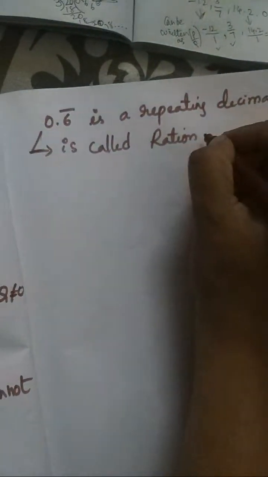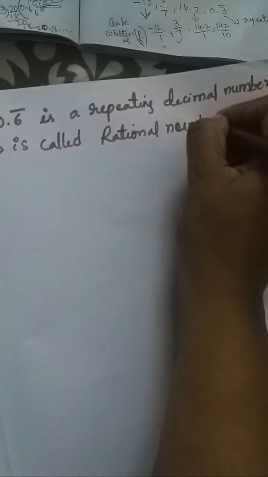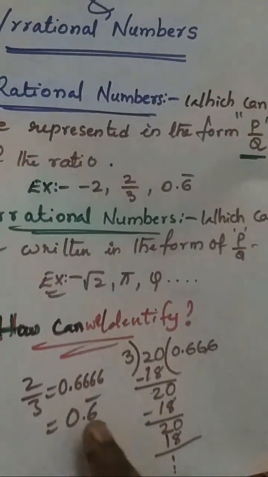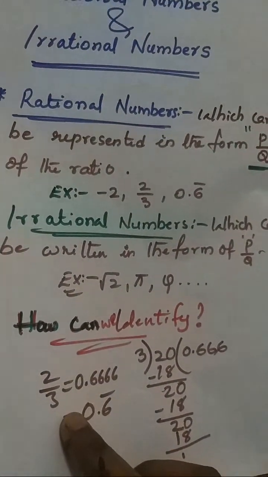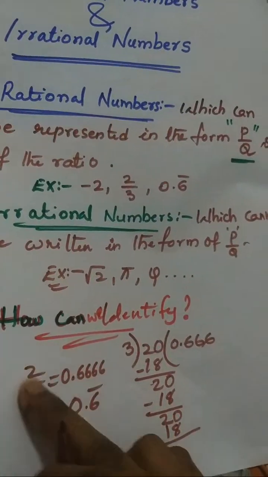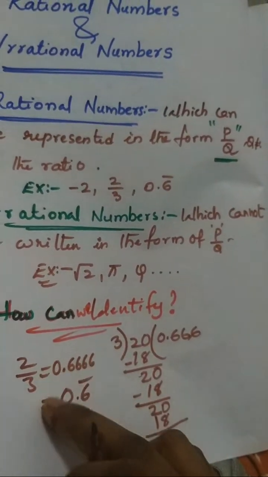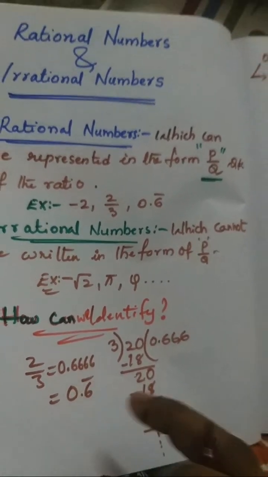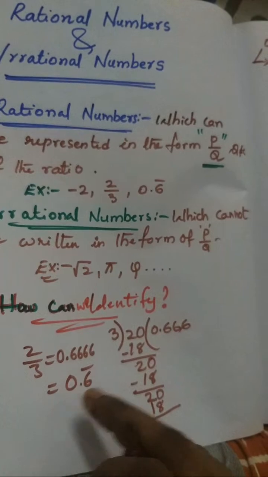A repeating or recurring number is called a rational number. For example, I have shown here 2 by 3, which is a rational number in p by q form, and it is also a repeating decimal number. So this is identified as a rational number.